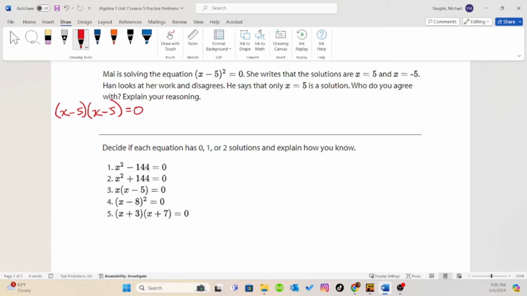So we only have one possibility here, and that is that x minus 5 equals 0. So what we would do is add 5 to both sides, and we would find our answer that x equals 5. This means that Han is correct.